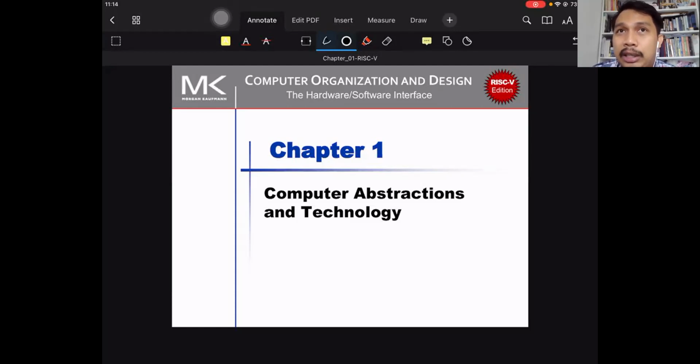So we should be learning two fields at once. And it's difficult to do if we have not oriented ourselves with that kind of field. So this topic is very much appropriate, at least computer abstractions and technology. I hope we learn much from this morning's discussion.